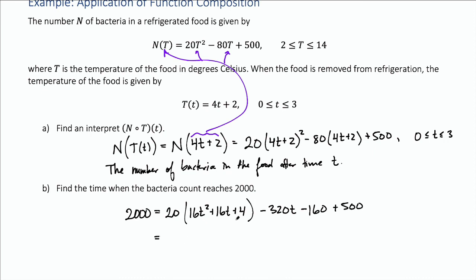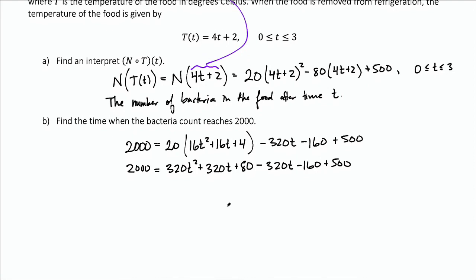We can distribute the 20 through, so we get 320t squared plus 320t plus 80, and then minus the 320t minus the 160 plus the 500 equals the 2,000. Our 320t cancels here. That's very nice.